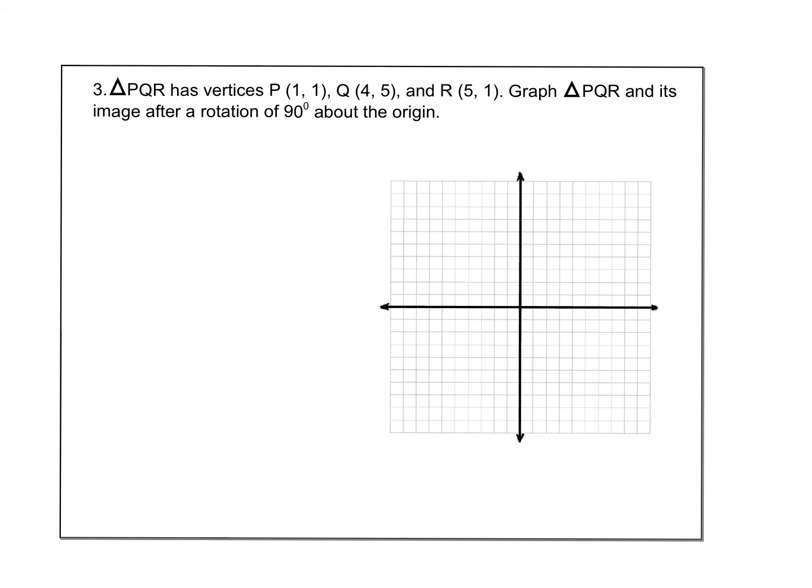So if we look, we have PQR with vertices 1, 1, 4, 5, 5, 1. There is my triangle. Now we're going to rotate it 90 degrees about the origin, counterclockwise.